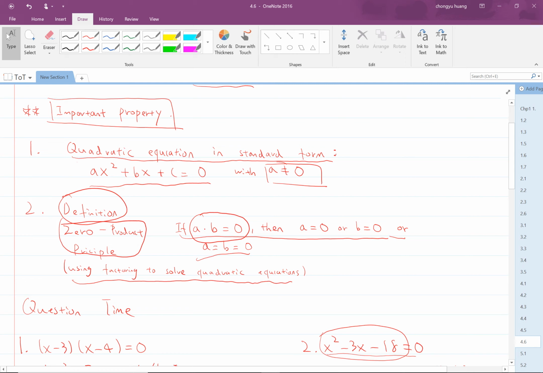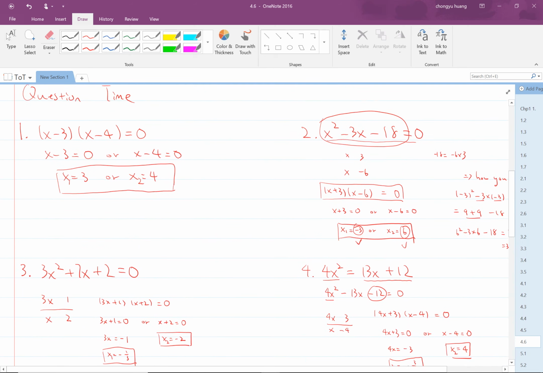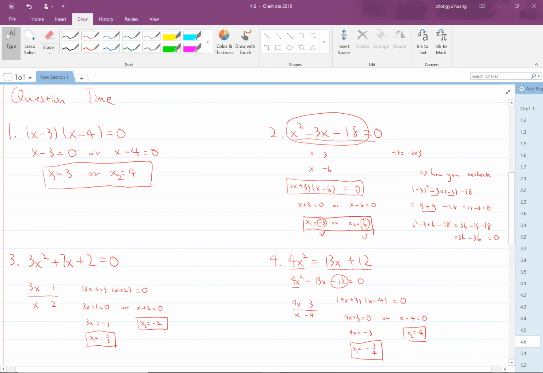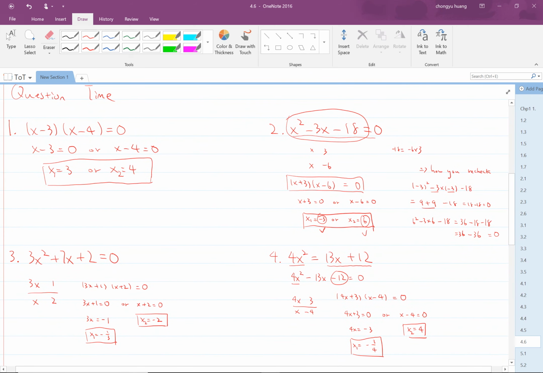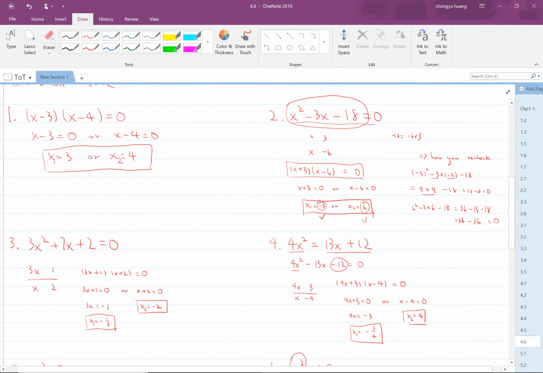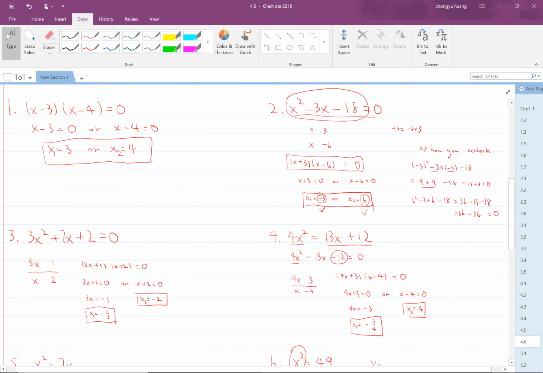We used factoring to solve quadratic equations, and we solved those questions to get you familiar with how to actually apply the zero product principle.